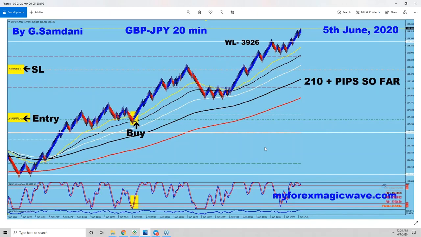But there are pairs which don't even move 100 pips a day. So if the pair moves less than 100 pip, how are you going to hold and make 200 pip out of that? Nowhere, right? But if pound yen moves 280 pip a day, then you can hold the trade for 200 pip and still get away with that, right?